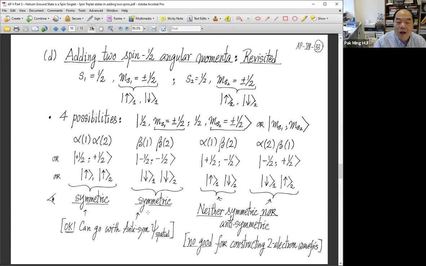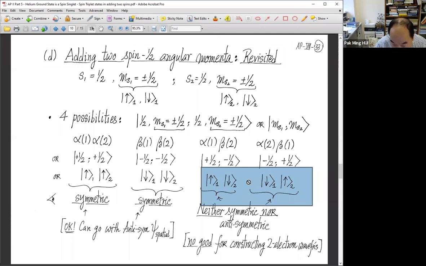Now, let's gain something by doing nothing. We are discussing adding two spin half electrons. And we have found what is the S equals 0 combination, which is up down minus down up.